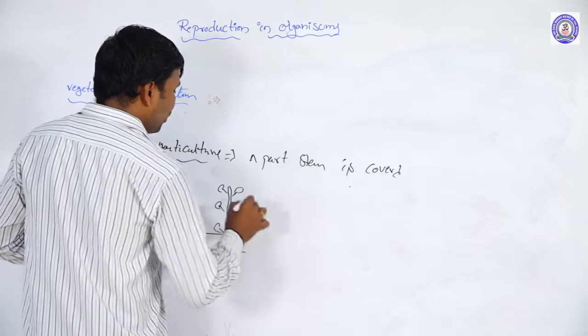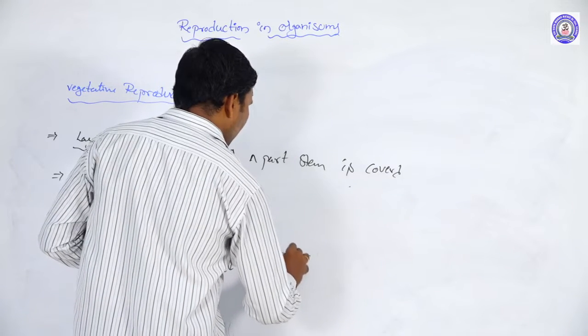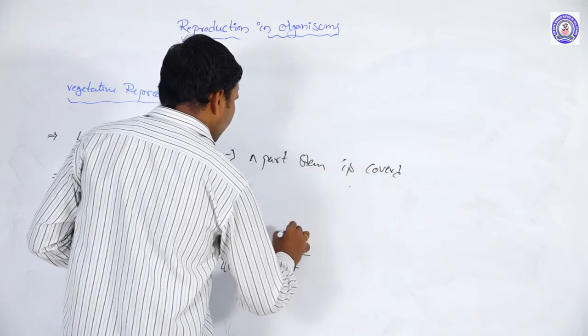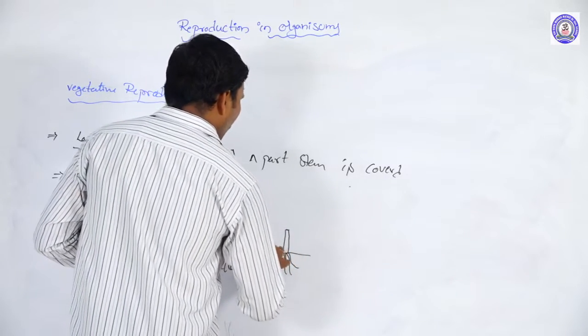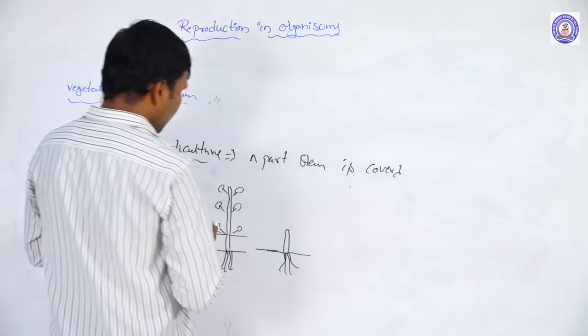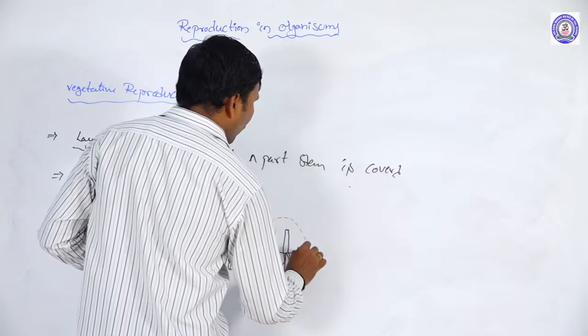Once we cut the main stem, rooting occurs, and later we cover this cut stem with a soil mixture, with a mound.